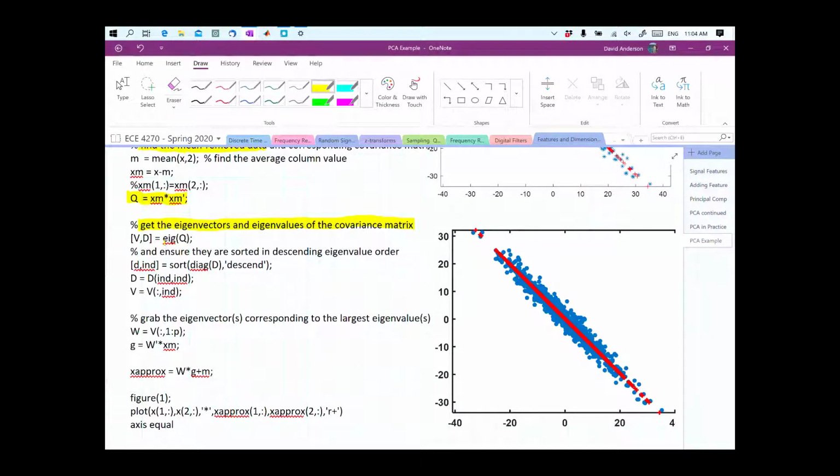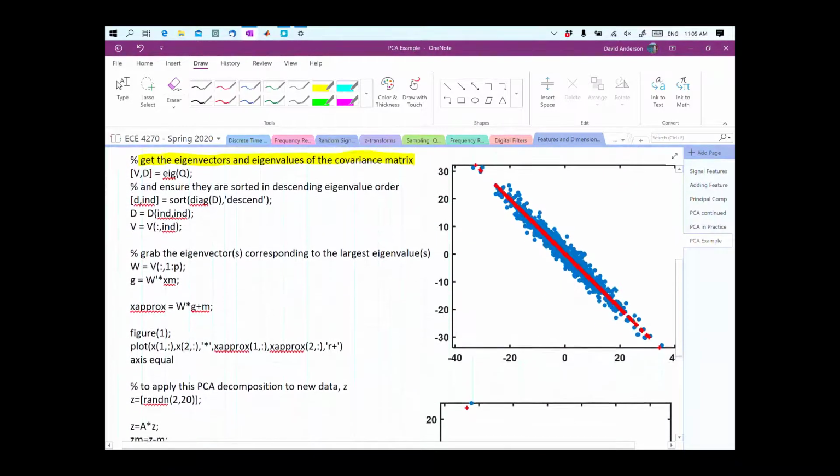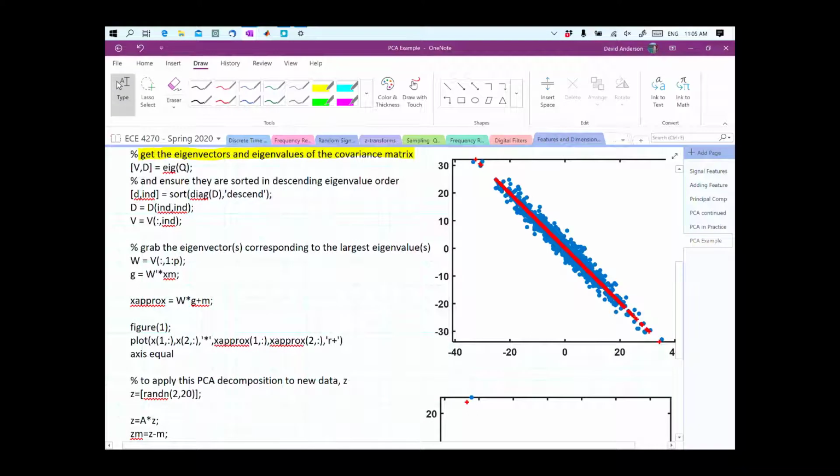They're going to be non-negative because Q is a symmetric covariance matrix. We find the sort order, and then sort the eigenvalues and the corresponding eigenvectors. Turns out we're not going to be using the eigenvalues again. I just put the sorting in there for completeness.